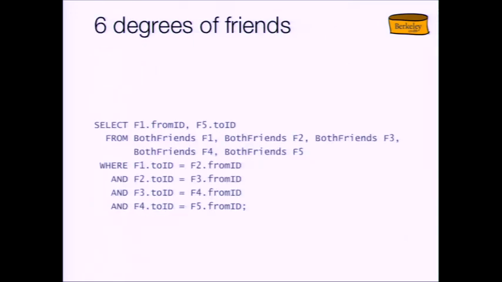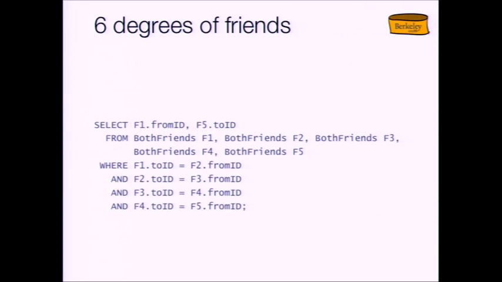If you wanted to do that six degrees of separation, and I believe this is important for your homework, which is why Professor Hellerstein wanted me to go over it quickly. If you wanted to compute those six degrees, so for a given from ID, who are all the people that are six degrees away, this is how you do it. You take that both friends, and you join it, you join it, you join it, you join it.